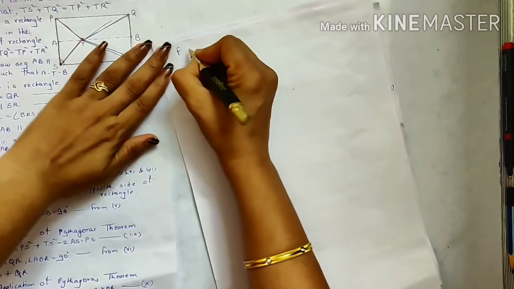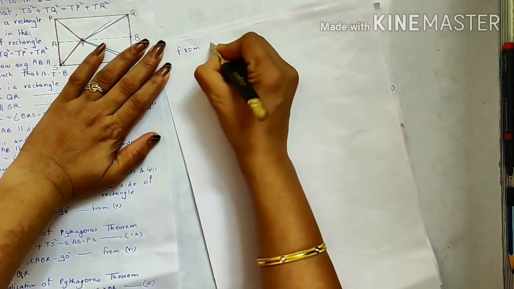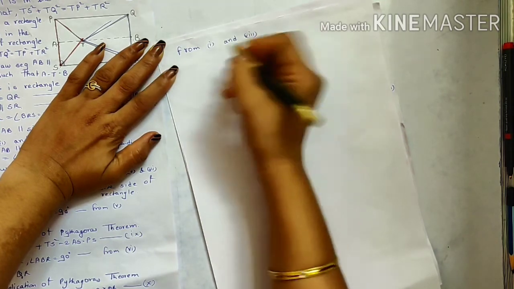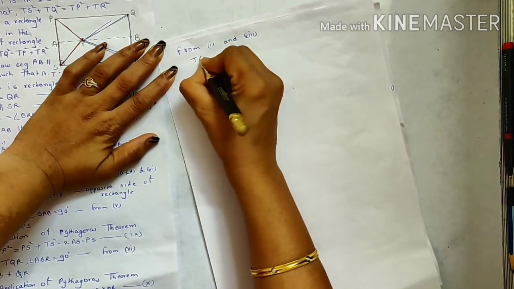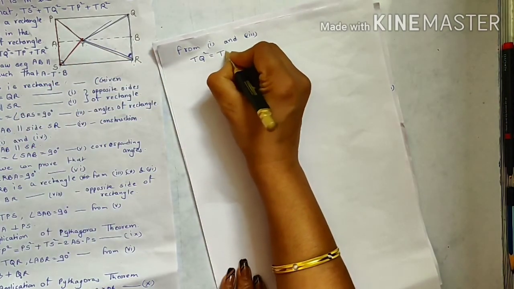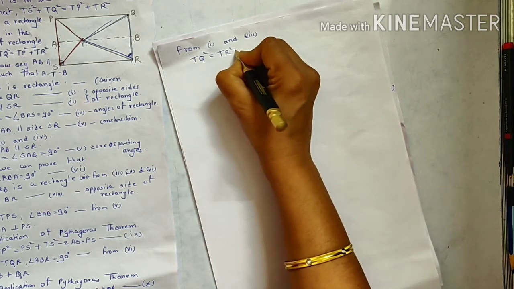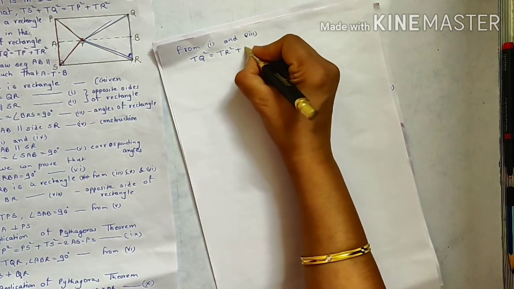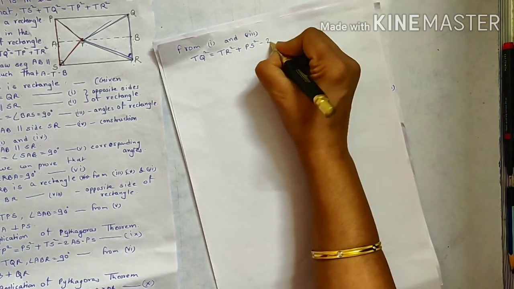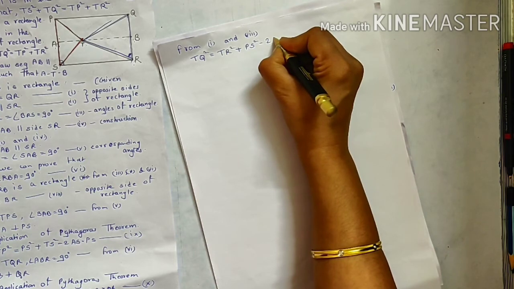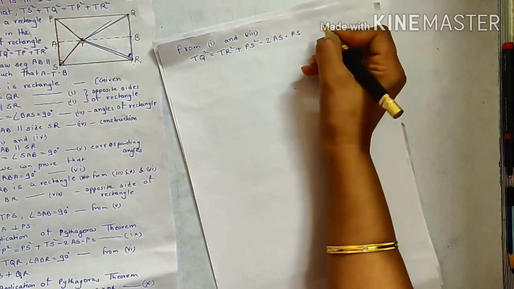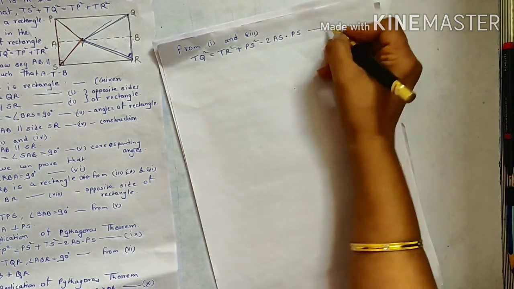So from first and 8, TQ square is equal to TR square plus QR can be substituted as PS square minus BR can be substituted as AS and QR as PS. Number it as 11.